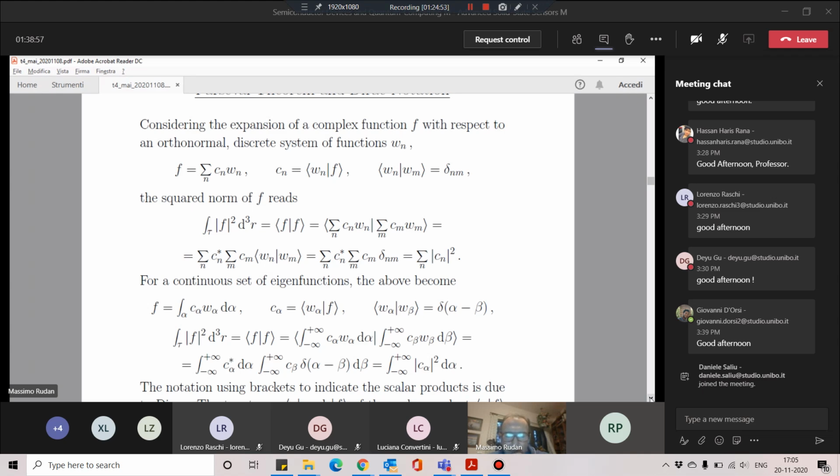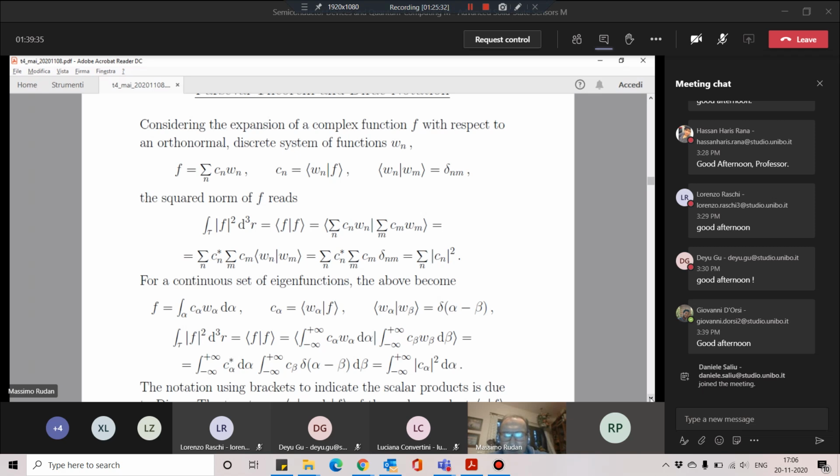But then we can express each term of the scalar product with a series. Of course, we shall use the expansion using the orthonormal system W. Okay, so on the left we have the sum over n of Cn Wn. On the right we have the sum over m Cm Wm. We use two different indices because otherwise they would get mixed. Okay, so the symbols for the two indices must be different.